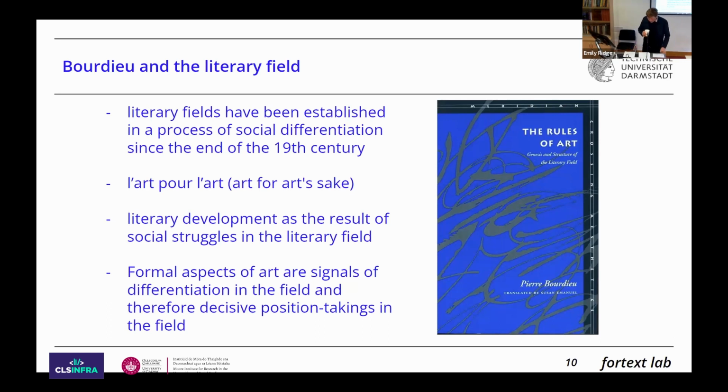Put simply, the struggles in the field can only be understood if one not only grasps the explicit polemics, but also takes into account the different types of writing and the different aesthetics as implicit position takings.